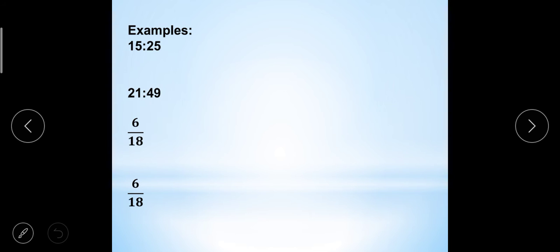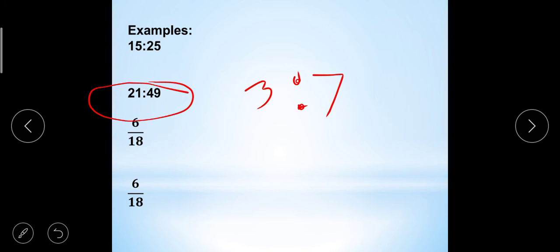Very good. How about 49 divided by 7? Aya. Okay, very good, Aya. So, our simplified form para sa 21 is to 49 is 3 is to 7.